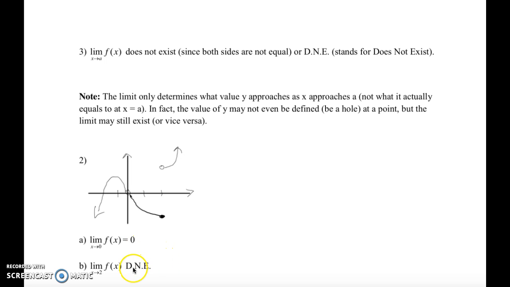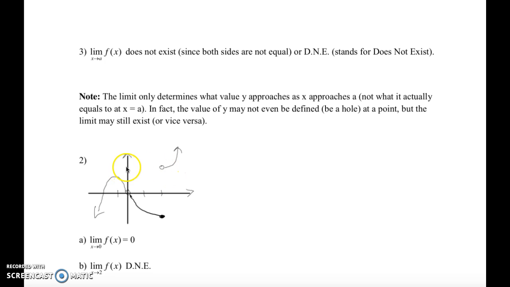All right. Now, if we go ahead and look at 2, if we approach 2 from the left-hand side, we end up with a value of 2. And if we approach x equals 2 from the right-hand side, it's not defined there, but it's also a different value.